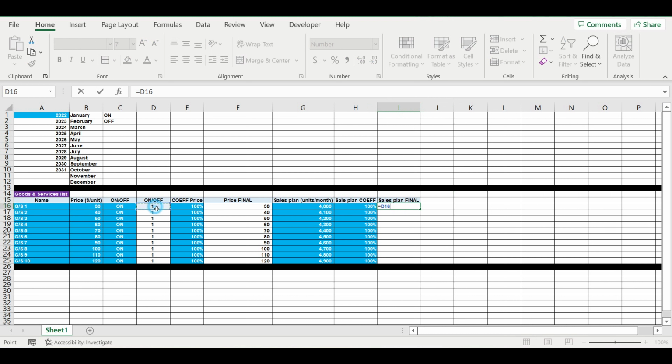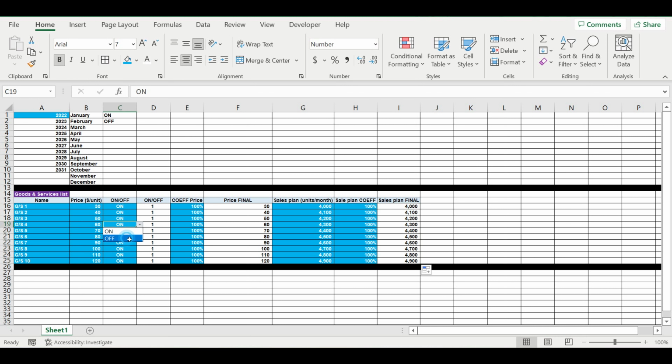So we are multiplying this and this. So if we want to switch off, as usual, we can do it like this. If we want to increase the sales twice, we can do like this. So all this will be needed for scenario modeling when our financial model will be ready, when we will see the cash flow statement, when we will see the simple discounted payback period, for example.